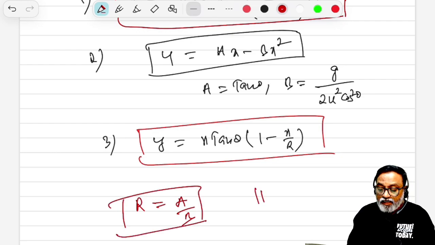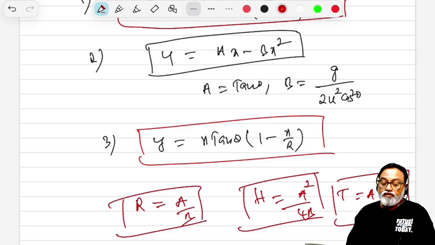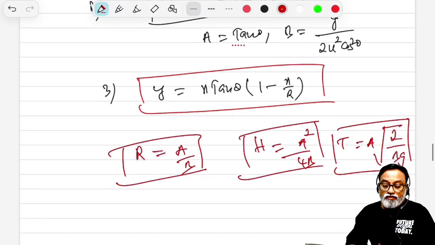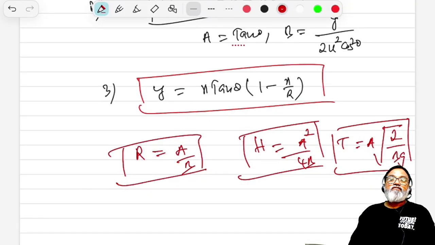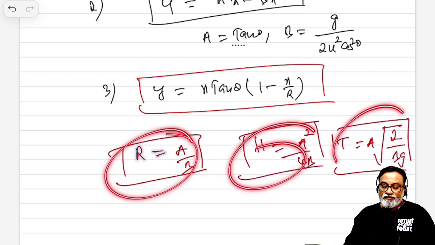Another one, h is equal to a square by 4b. Another one, time of flight T is equal to a into square root of 2 by bg. These are the three formulas, when the equation of trajectory is given in the form of y is equal to ax minus bx square. From that, we can find out the range, maximum height, and time of flight.